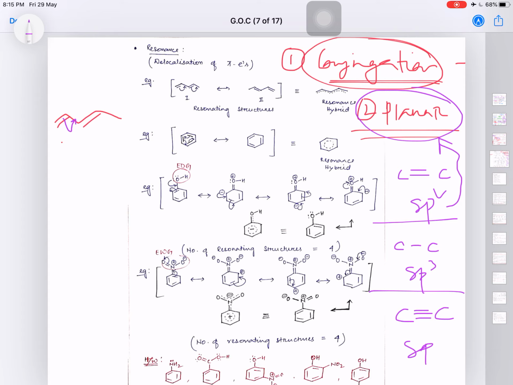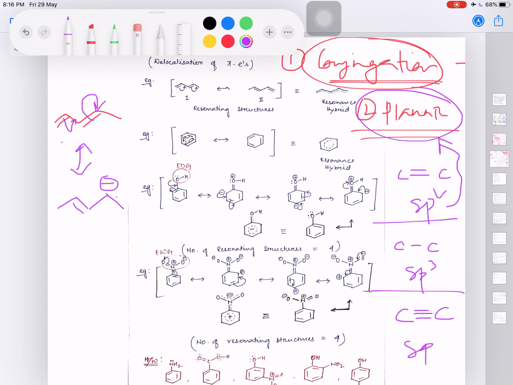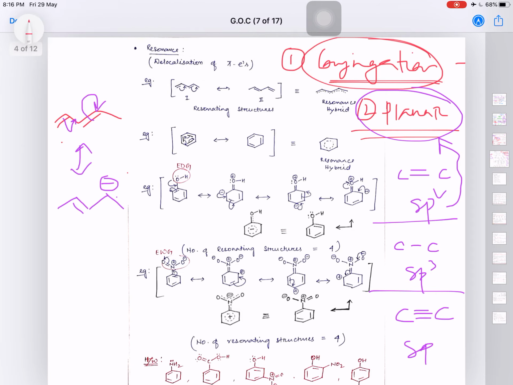Say in this one, the double bond will break and these electrons will be transferred to the single bond. And for the second arrow, this double bond will break and the electrons will come onto this atom. As a result, you will get a minus charge on this atom and a double bond here. Why minus charge? Because the pi electrons are moving to that atom, so that atom will have higher electron density, so minus charge.